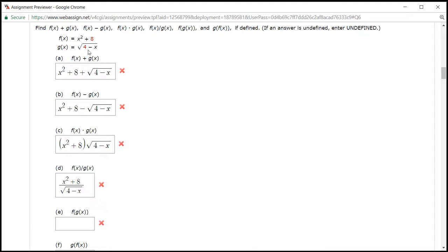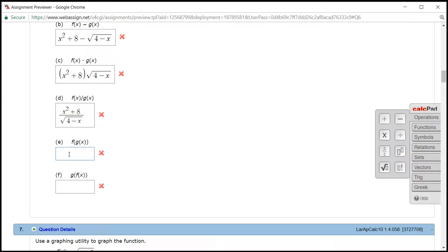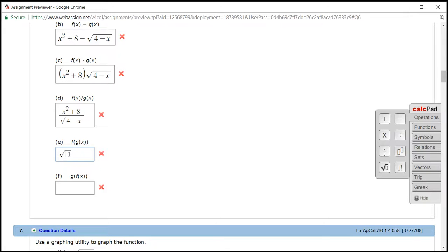g of x is square root of 4 minus x, and plug it into x squared plus 8. So replacing x by square root of 4 minus x, you're going to get square root of 4 minus x, right?